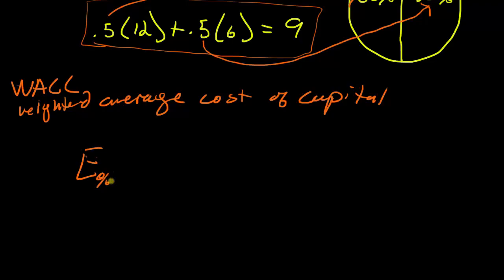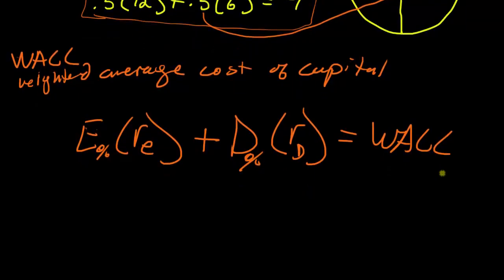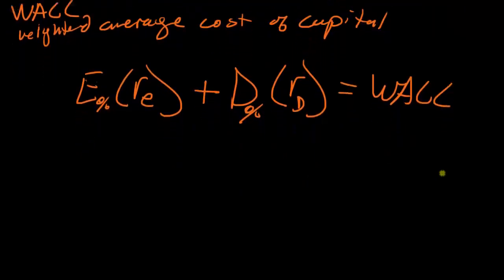My percentage of equity times my required equity, right? So this one is that one. 12 is my rate of equity, plus the percentage that comes from debt times my required debt, and all of that is going to be equal to my WACC equation. All right? That's relatively simple.